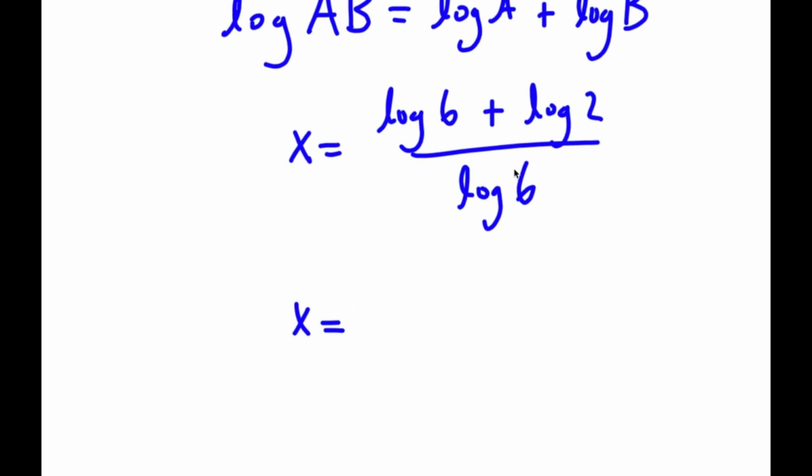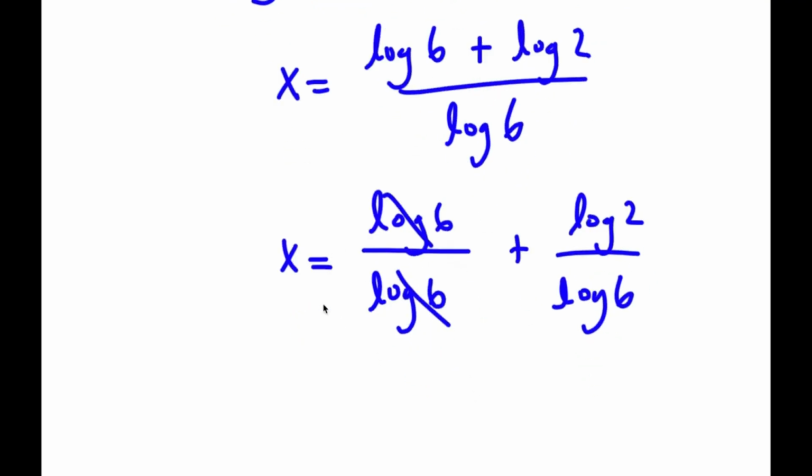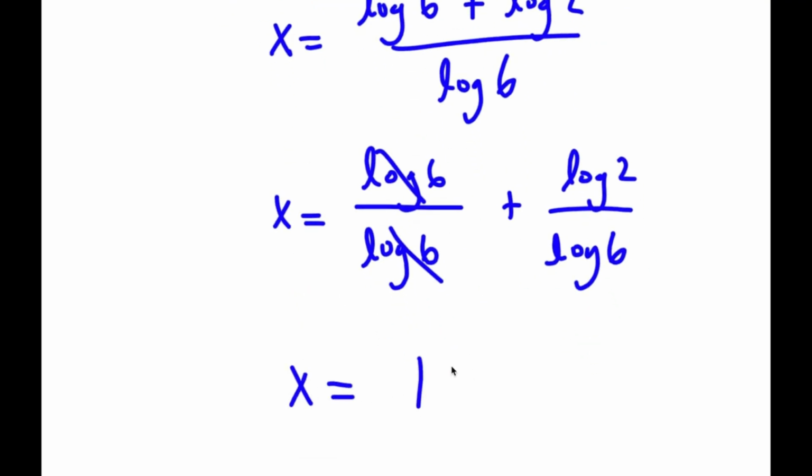Now log 6 plus log 2 over log 6, this is the same thing as log 6 over log 6 plus log 2 over log 6. Now log 6 and log 6, these two cancel out, so now I have x is equal to 1 plus log 2 over log 6.